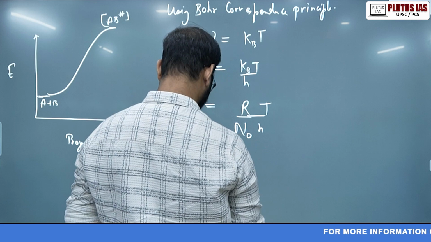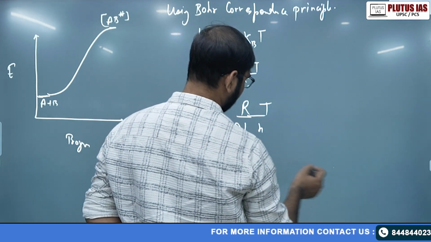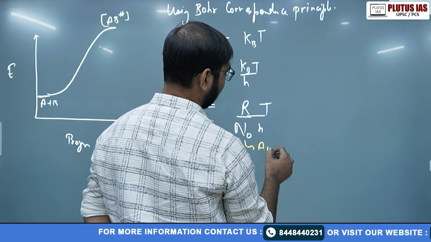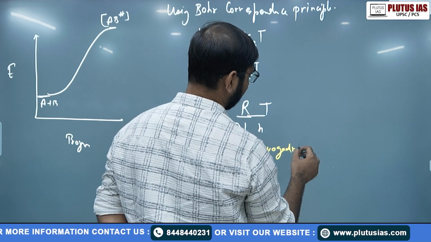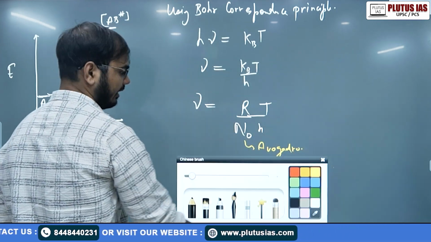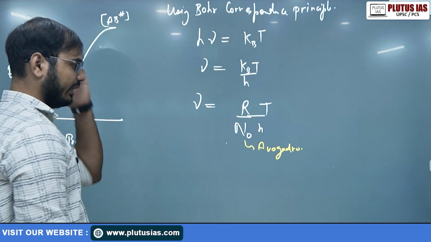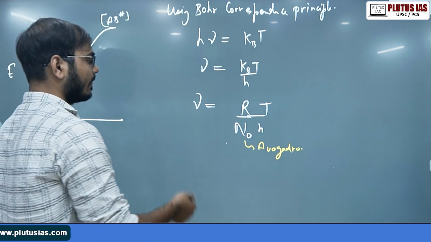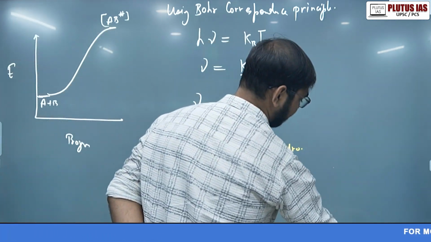Here I'm using N naught to represent the Avogadro number, because for the reaction I've already used A and B. So now we have the frequency and we have the concentration.